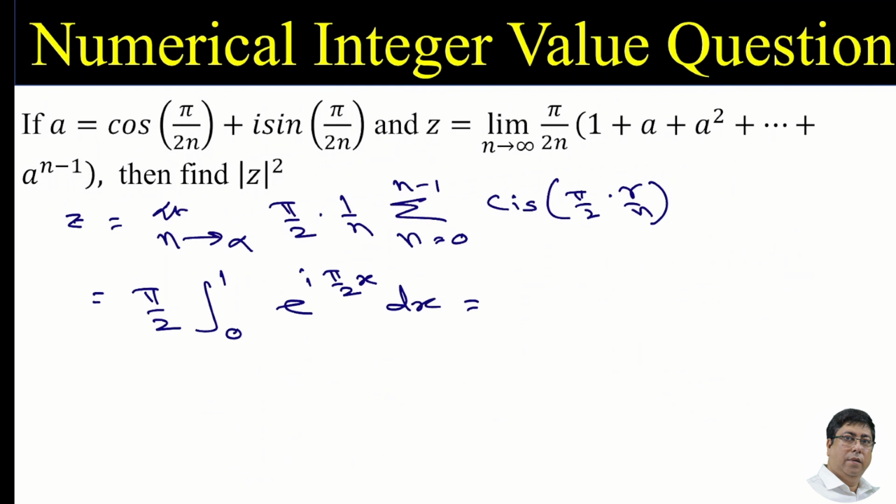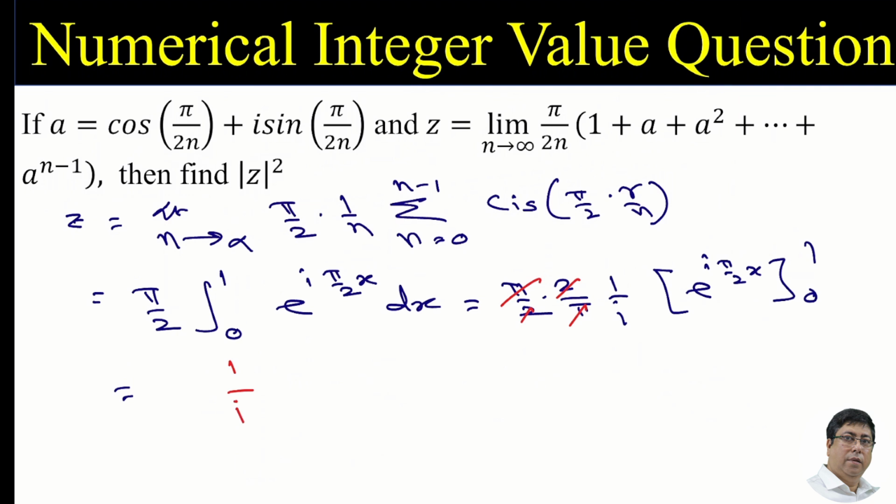So if we apply the integration of this, pi by 2 and e to the power ax is 1 by a into e to the power ax formula, so 2 by pi into 1 by i into e to the power i pi by 2 x from 0 to 1, and if we apply the upper limit and lower limit, the pi terms are getting cancelled, and it is coming to be 1 by i, and e to the power i pi by 2 is actually cos pi by 2 plus i sin pi by 2, that is coming to be i, since cos pi by 2 is 0, so i minus 1.